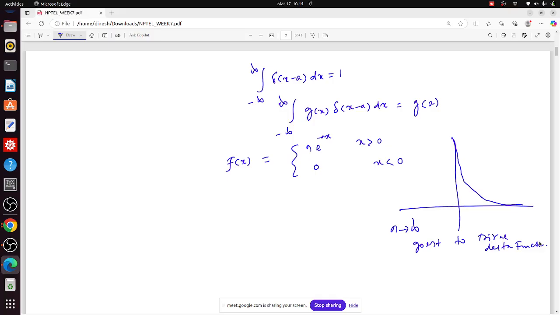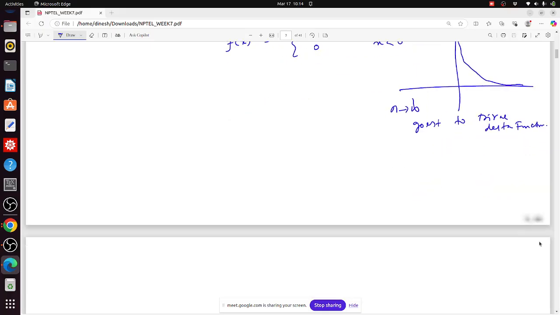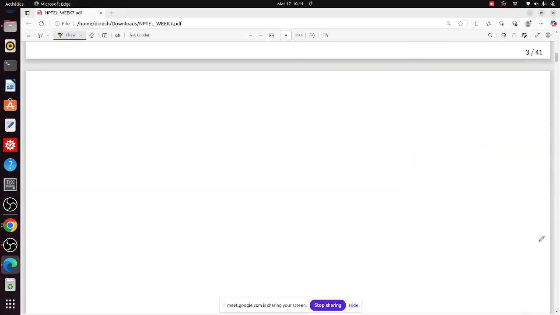So let's dive into another concept: the Laplace transform of the Dirac delta function.